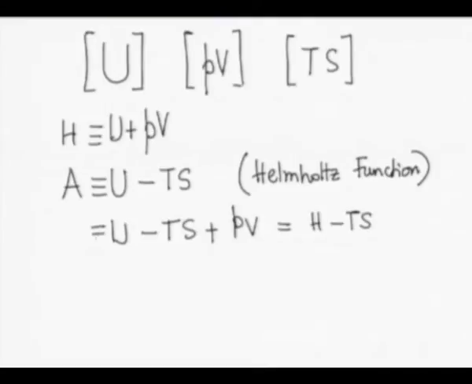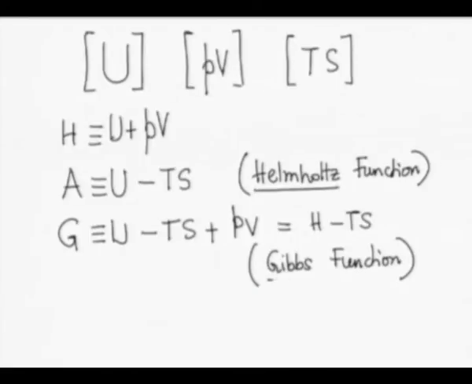Similarly, this combination U minus Ts plus PV, which is also equal to H minus Ts, is given the name G, and it is known as the Gibbs function. Named after the scientists Helmholtz and Gibbs, significant contributors to physical chemistry and to thermodynamics.